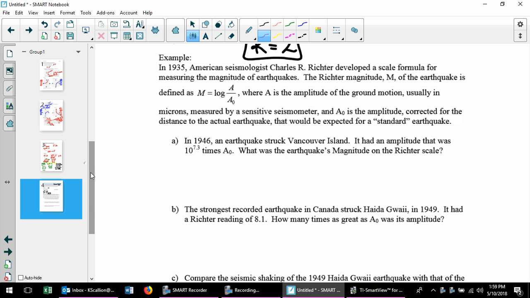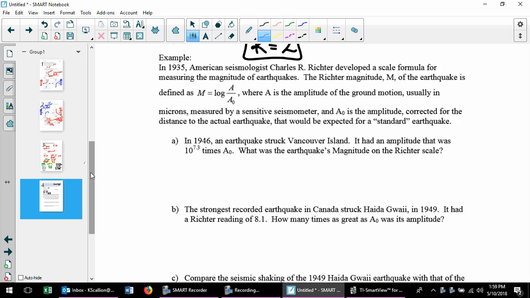Okay, so Richter scale magnitudes: the shaking of the earth is measured on a scale. A0 is the amplitude for a standard earthquake. So they have an initial value. They're not telling you what it is. They're just saying A subscript 0 is the shaking measurement of a standard earthquake.